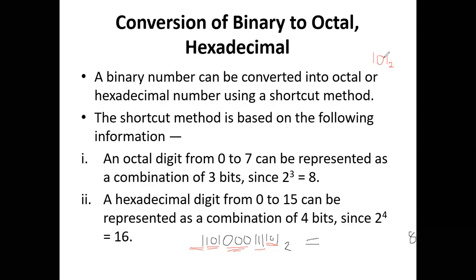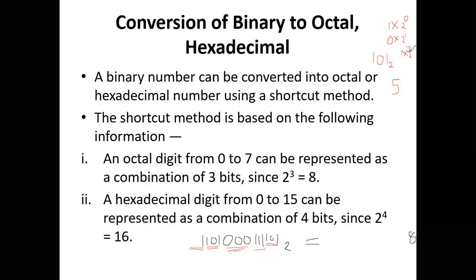Using the conversion we just talked about, it will give you a 5. How? For the first one, it will be 1 multiplied by 2 to the power 0. For the second, 0 multiplied by 2 to the power 1. Then the third one is 1 multiplied by 2 to the power 2.